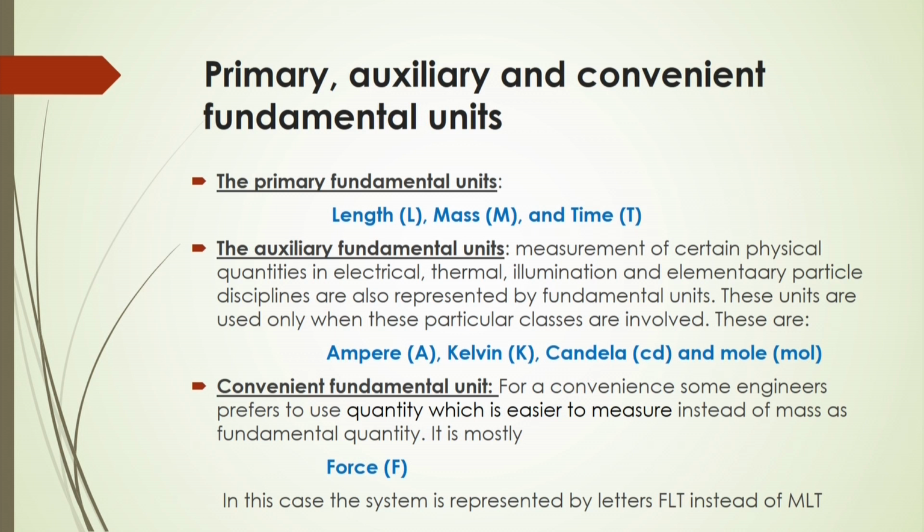The primary fundamental units are generally length, mass and time, whereas auxiliary fundamental units are used if you are going to measure certain physical quantities like electrical, thermal or illumination or elementary particle disciplines, and these are represented by fundamental units used only when these particular classes are involved. So, these are ampere, Kelvin, candela and mole. So, these are auxiliary fundamental units.